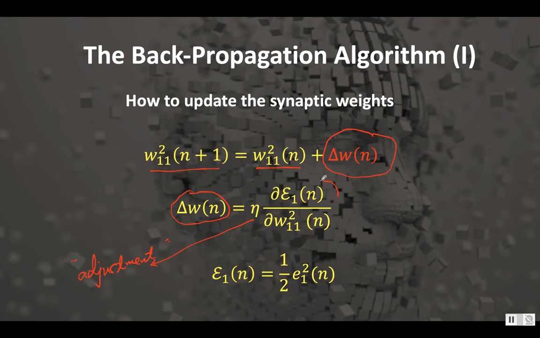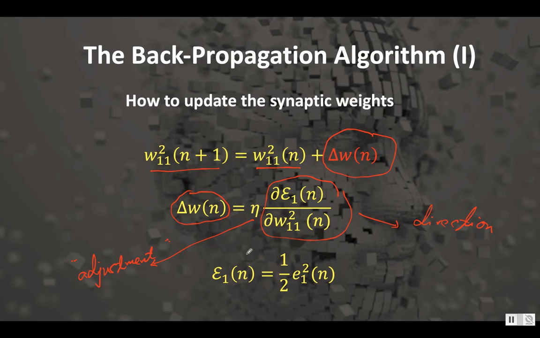This part, the derivative, determines the direction. Which means whether the current weight is too large or too small, this can determine which direction to adjust, either make it smaller or make it bigger. And eta determines how much adjustment we need to add to the current weight.